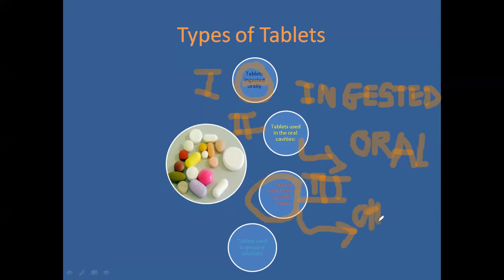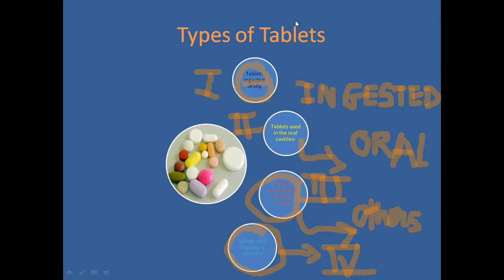So the tablets which are going to be administered by other routes are classified under the third type of tablet, and the fourth type of tablets are those which are used to prepare solutions. Okay, so these are the four types of tablets which we can have.